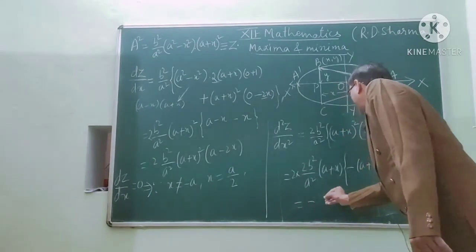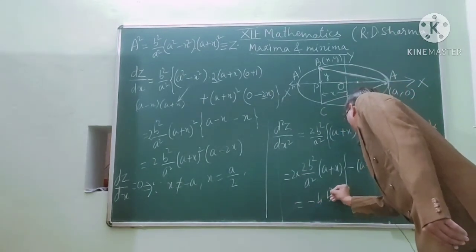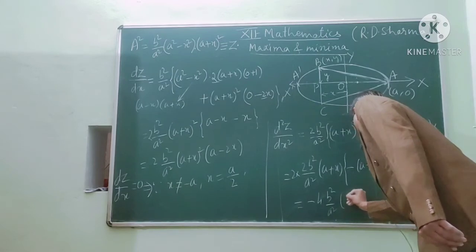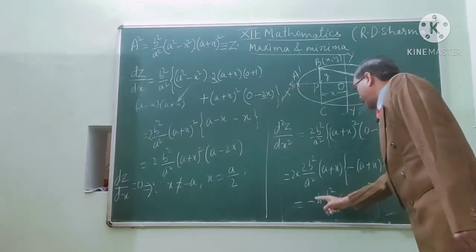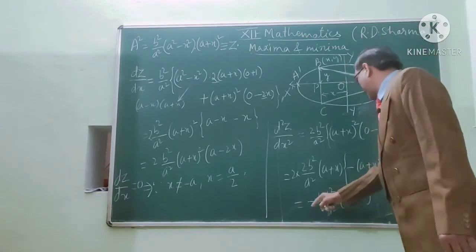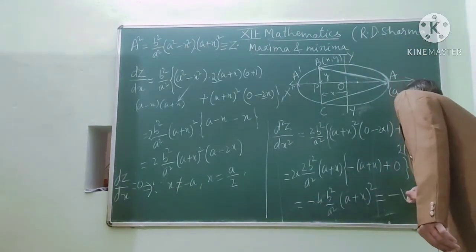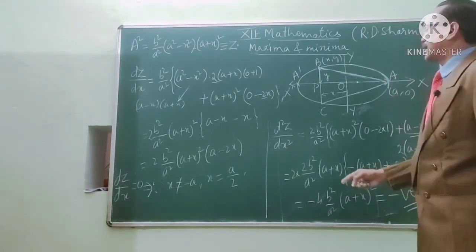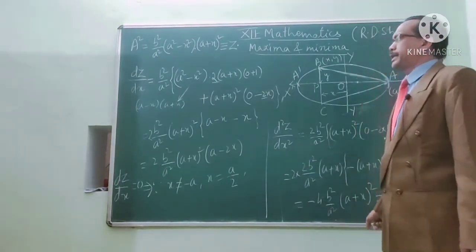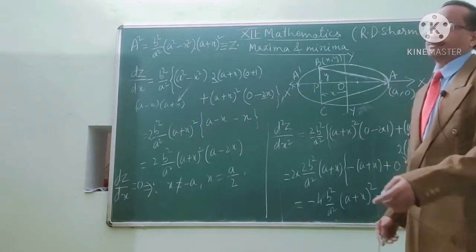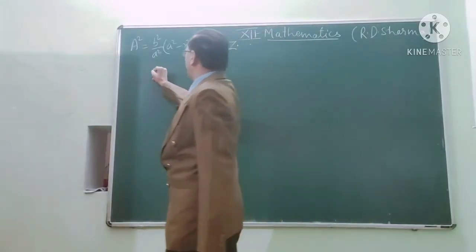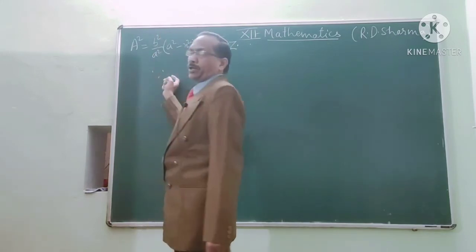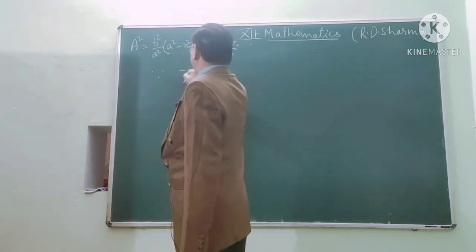It is minus 4b square upon a square and a plus x whole square. This whole part is positive, multiplied with the minus sign, so it is negative. So we can say the second order derivative is negative and Z is maximum.